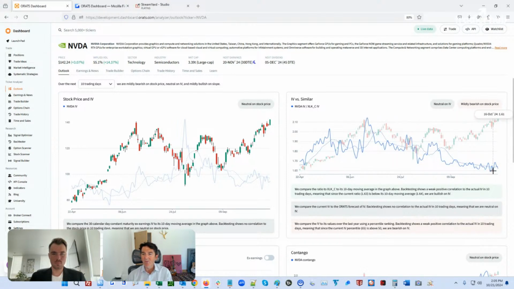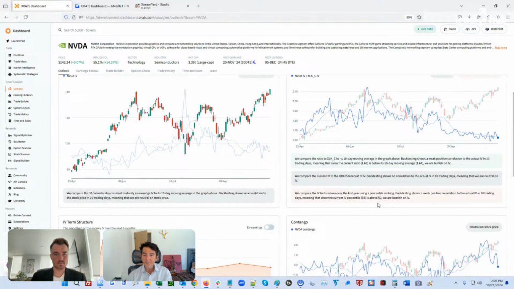So right now what we're seeing is Nvidia divided by that is low. So Nvidia vol is low, and we've seen this vol come down. And again, this is inversely correlated most of the time as well. This is a little bit more subtle, but basically, if you're talking about implied volatility, it seems fairly low in Nvidia.